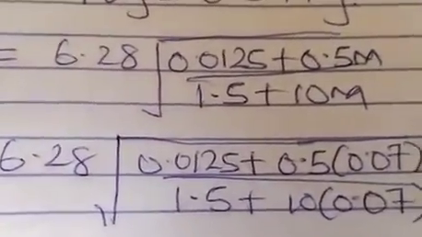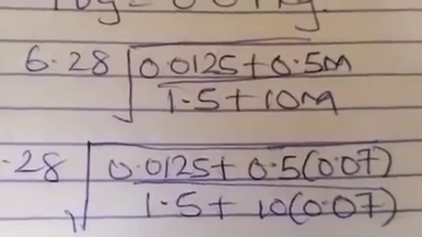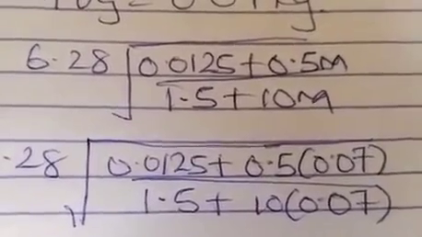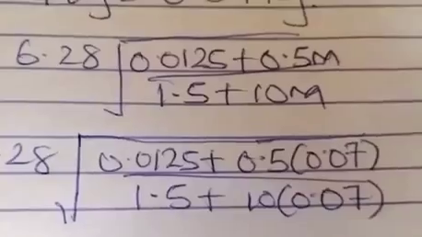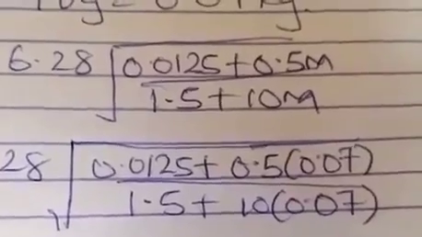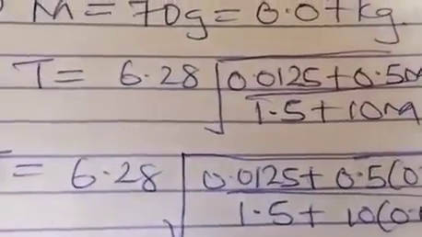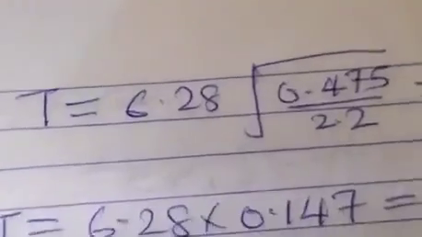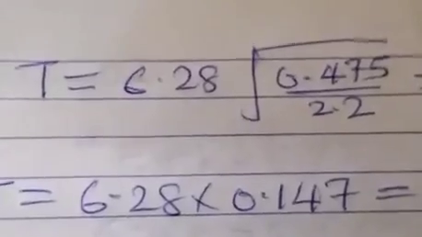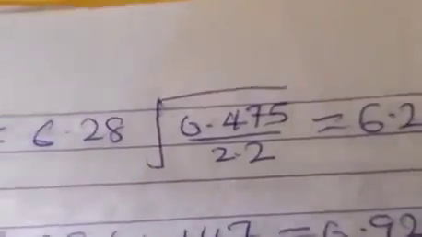Replace m now with 0.07. So T equals 6.28 square root of 0.0125 plus 0.5 multiplied by 0.07 all over 1.5 plus 10 into 0.07, replacing m with the mass in kg. That's the only difference you're making there.